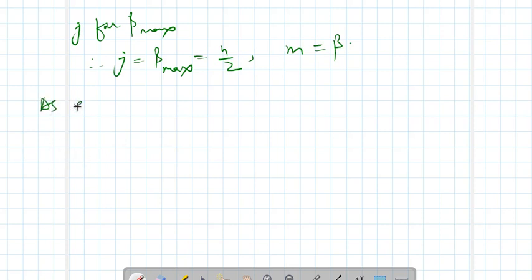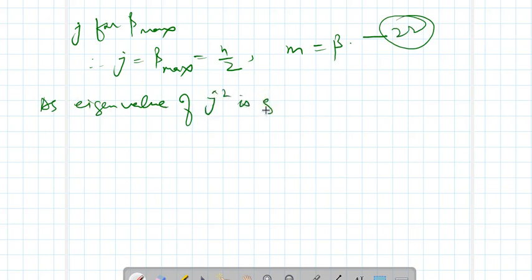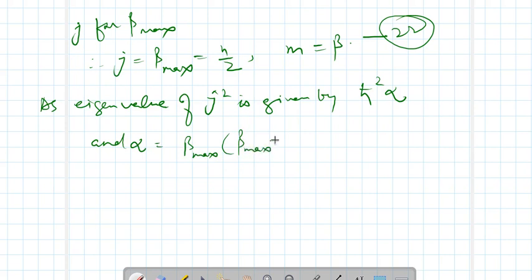As eigenvalue of J square is given by h cross square alpha, and alpha is equal to beta max into beta max plus 1, and it is j into j plus 1, and let me call it as equation number 23.